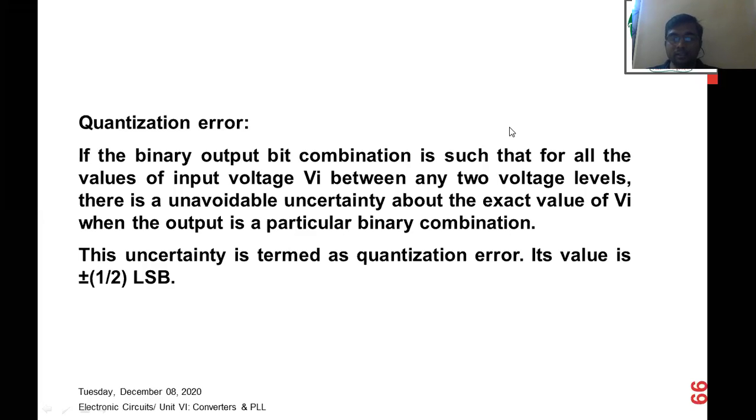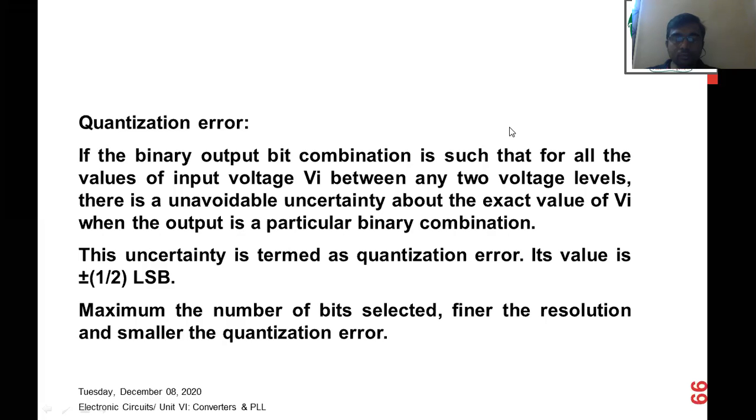This uncertainty between the two voltage levels is termed as quantization error, and its value is maximum plus minus 1/2 LSB. That we have also seen in yesterday's lecture. If the maximum number of bits is selected, the resolution is finer. If the number of bits is increased, the quantization error is smaller. So to decrease the effect of quantization error, we have to increase the number of bits for the conversion.